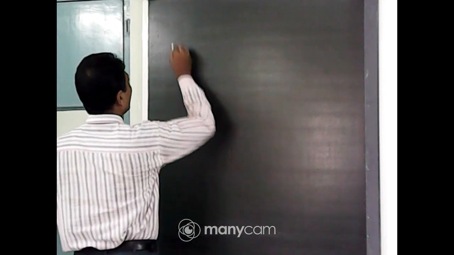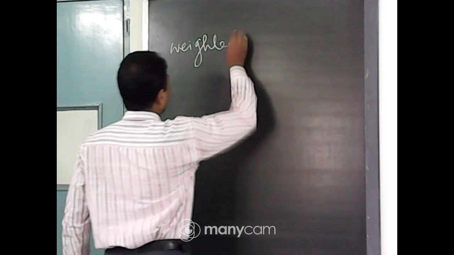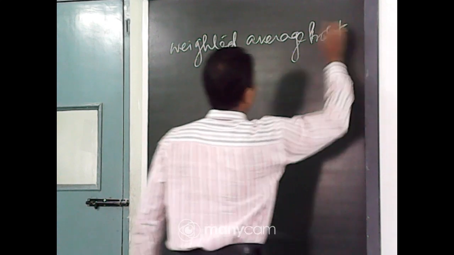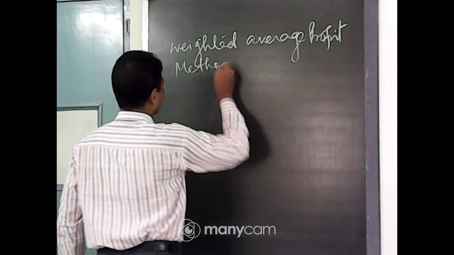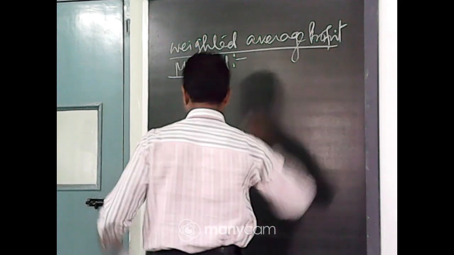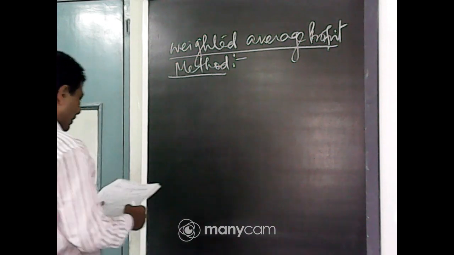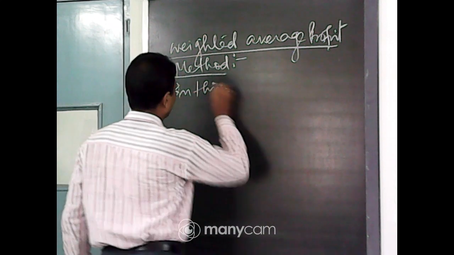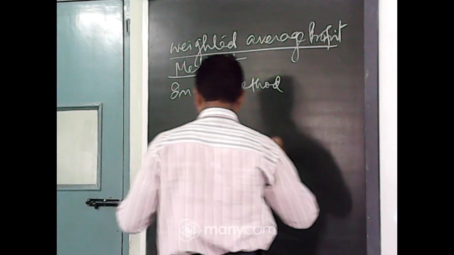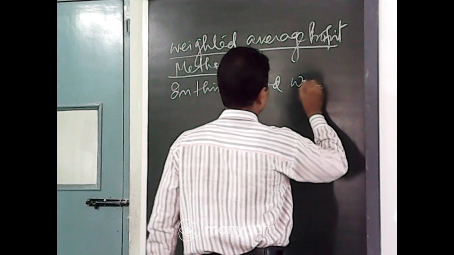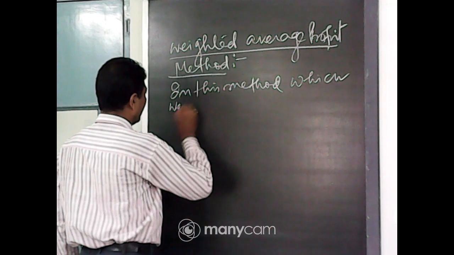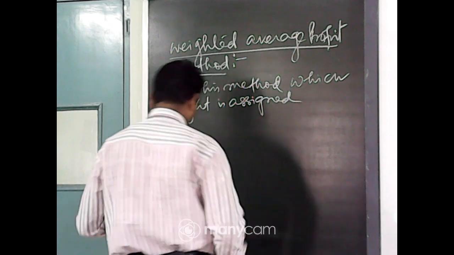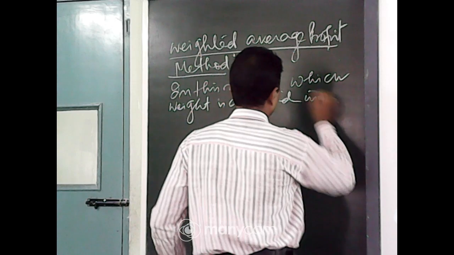Weighted average profit method. It is the method under which weight is assigned in each year.